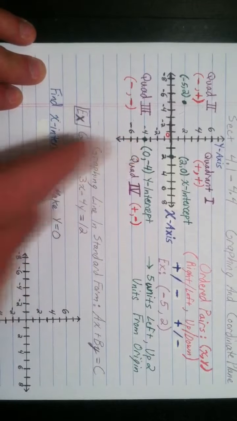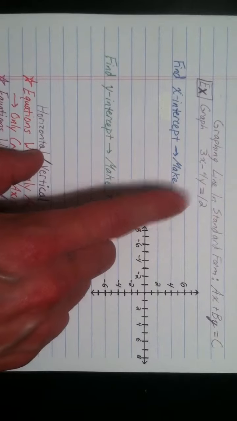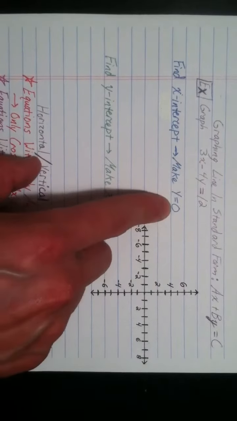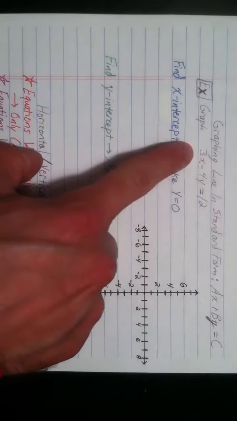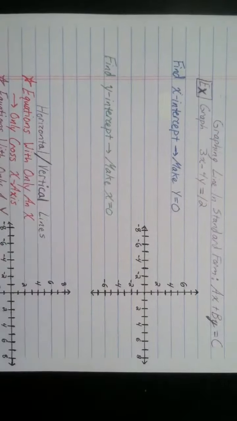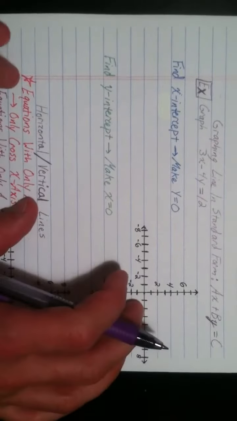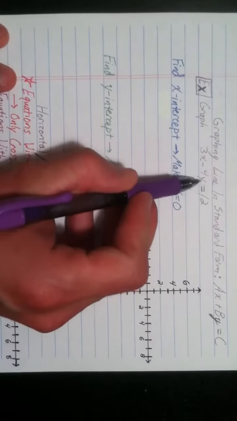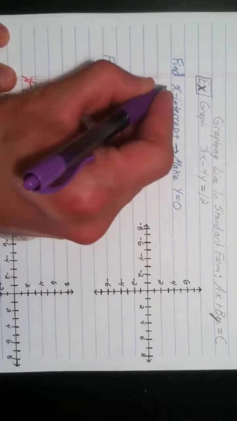So like we just said, for the x-intercept, we know the y-coordinate's always going to be 0, so in this equation we can just set y equal to 0 and then solve for x and find out what does our x-coordinate have to be if our y-coordinate is 0. So let's do that. We have 3x minus 4y equals 12.